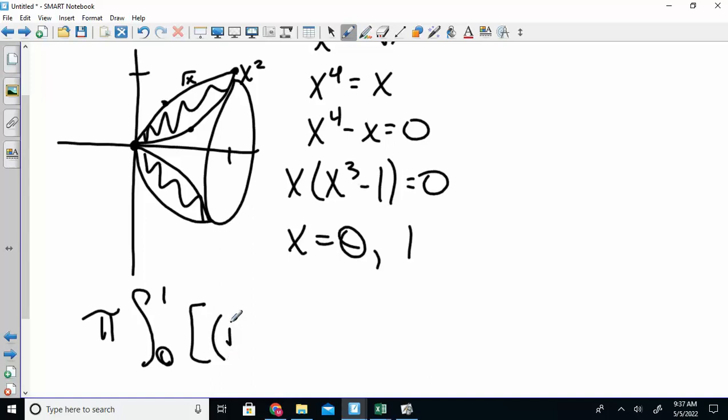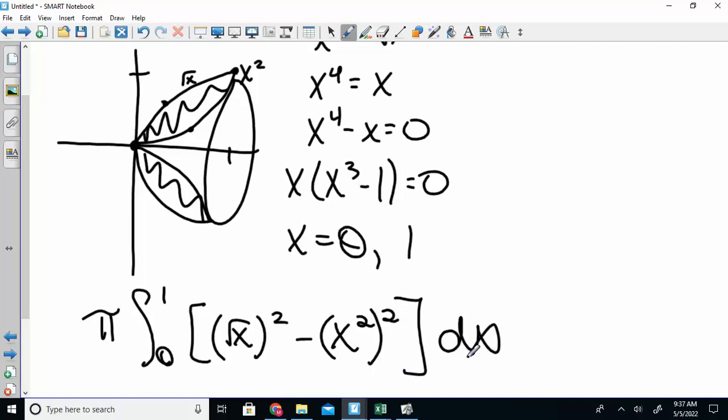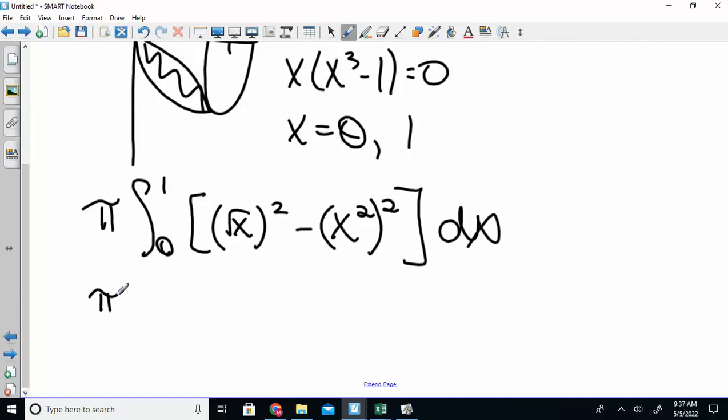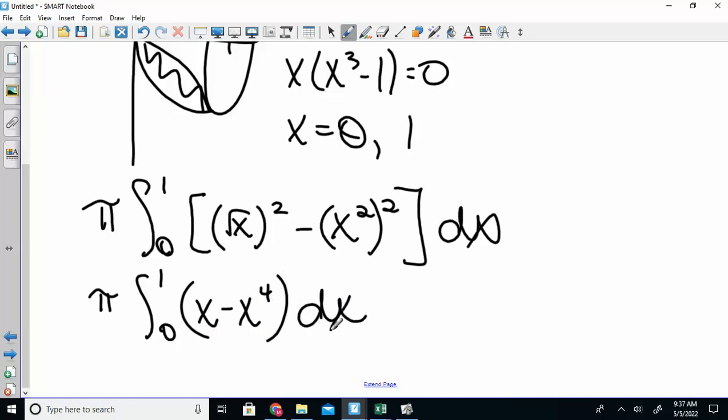So you do the outside radius squared. So the outside is the radical x squared minus the inside squared dx. So we get x minus x to the fourth.